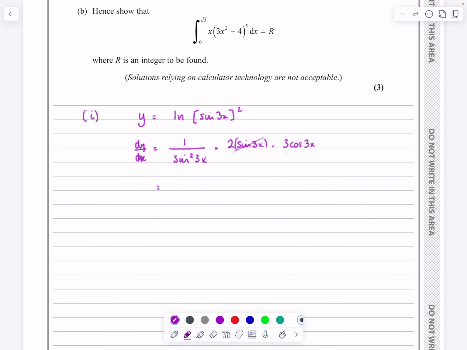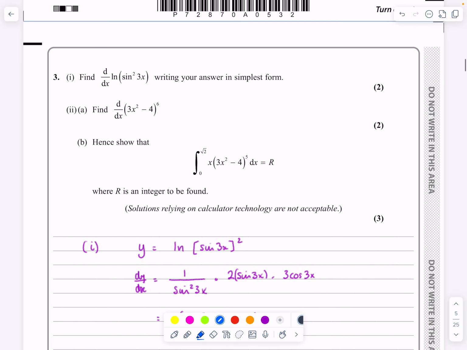So what we'll actually end up with is 6 cos 3x all over sine 3x, and cos over sine is cot, so it's 6 cot 3x being the actual final answer. As I say, assuming quite a bit of differentiation skill to be able to do that.